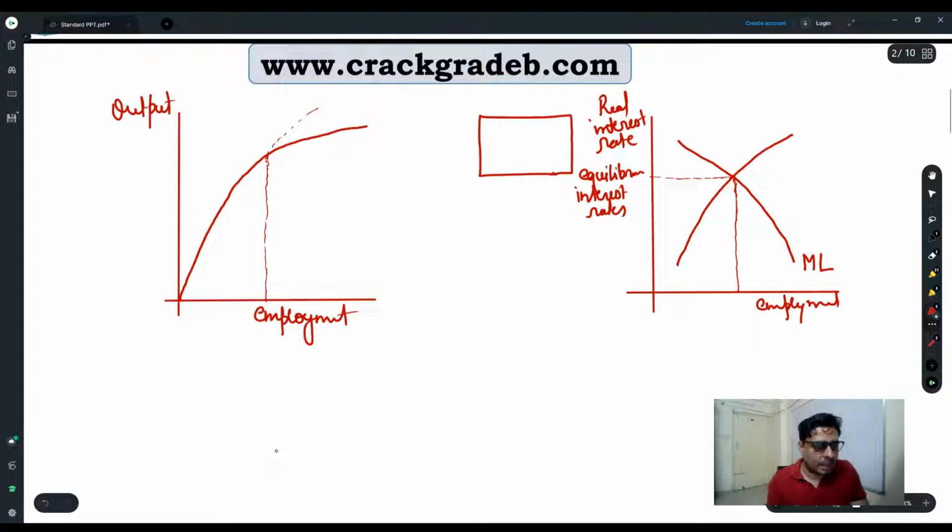Why it is happening, I will explain from this point. You can see that the marginal utility of labor has started decreasing, whereas employment is increasing with the increase in the interest rate. I hope you remember this.